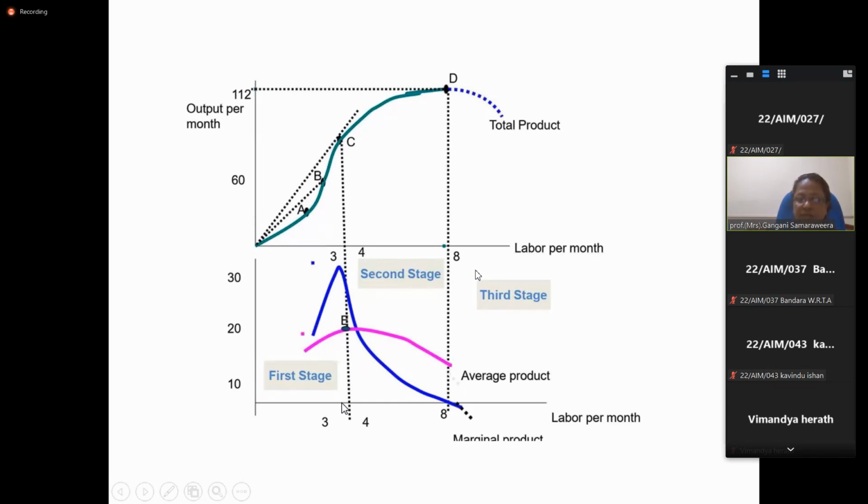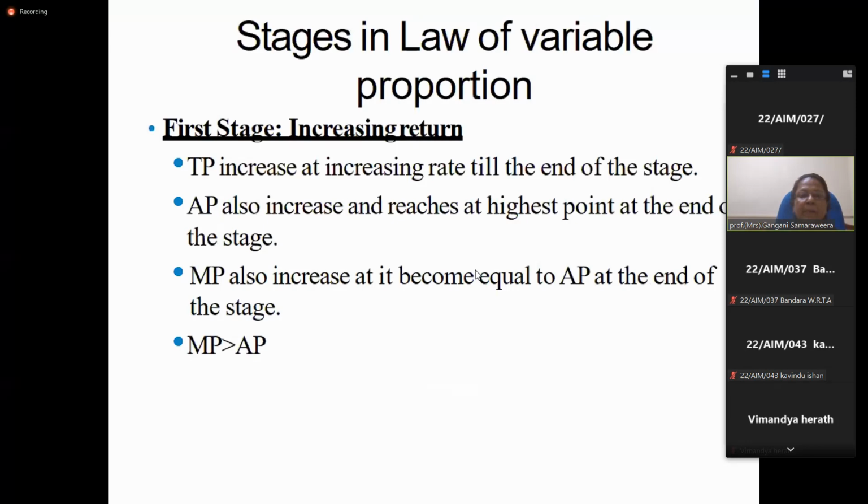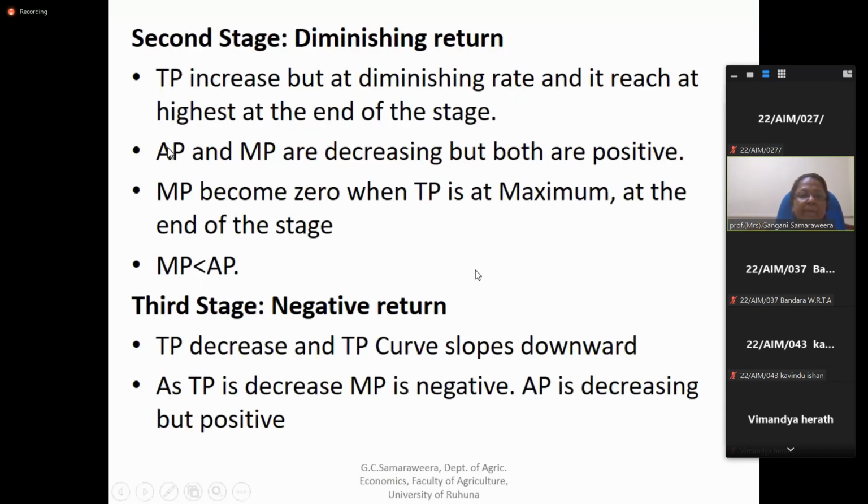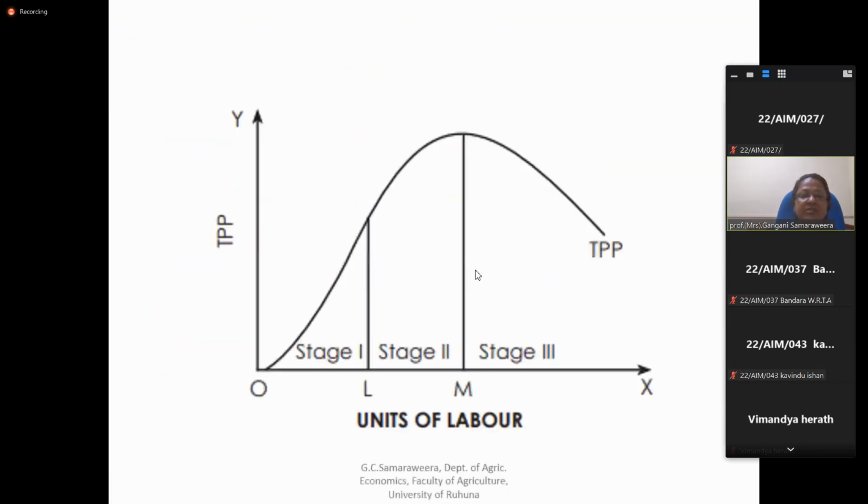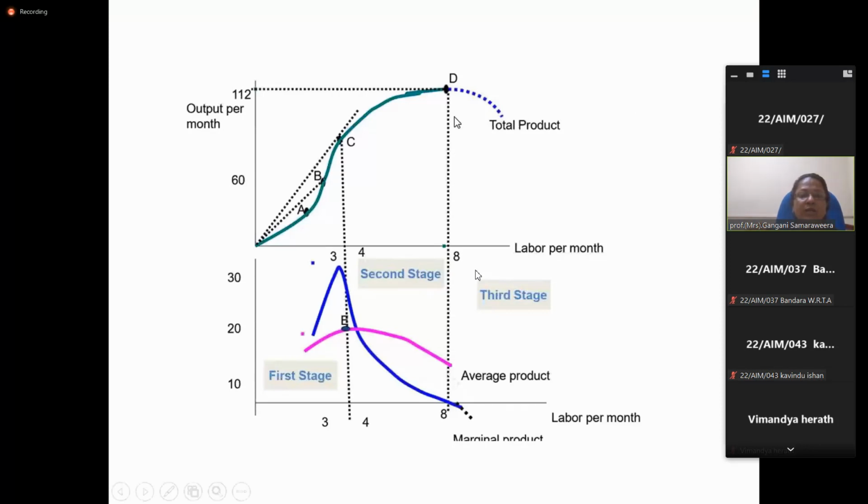So that point is also okay. Marginal product becomes 0 when total product is at maximum at the end of this stage. See, total product at the maximum, marginal product becomes 0 at the end of this stage. So the second stage ends from here.